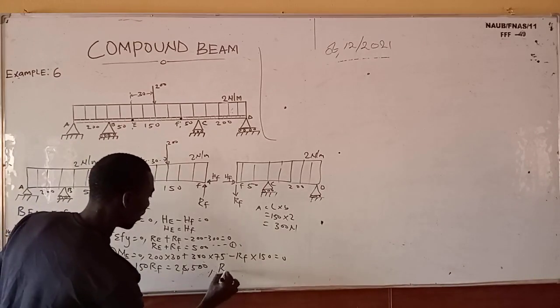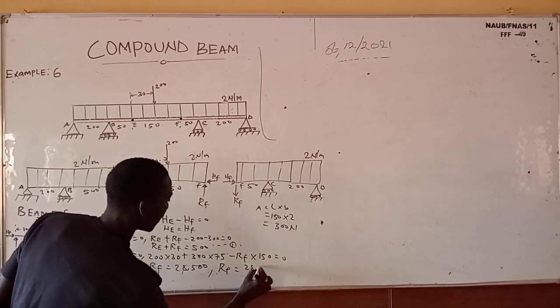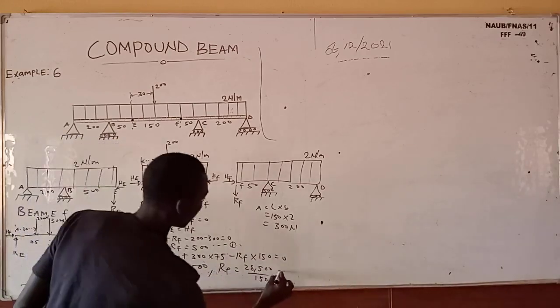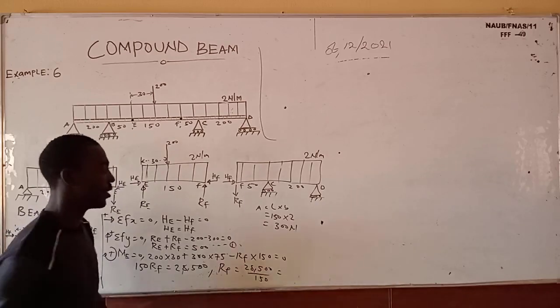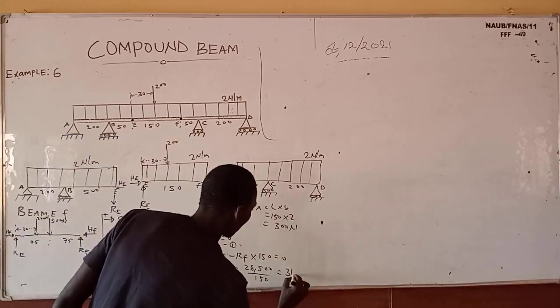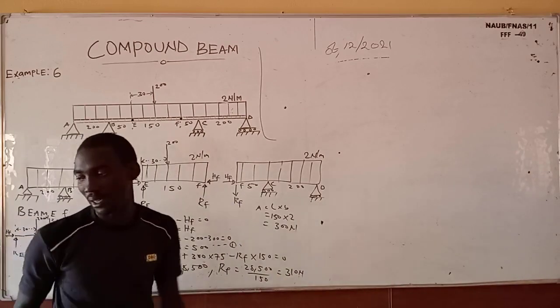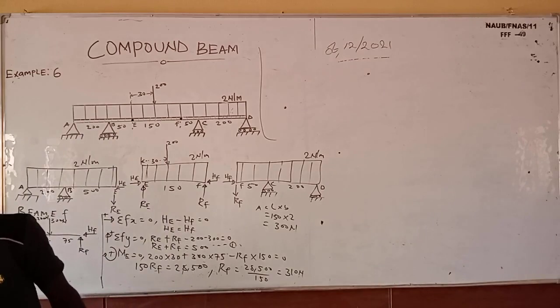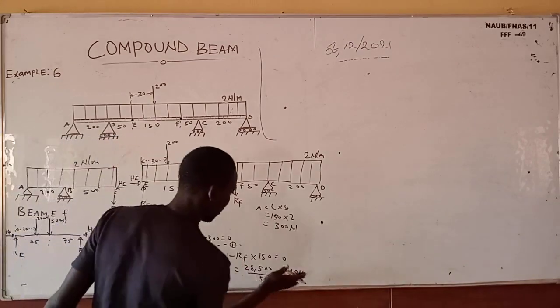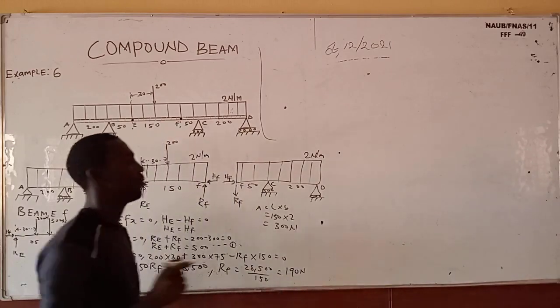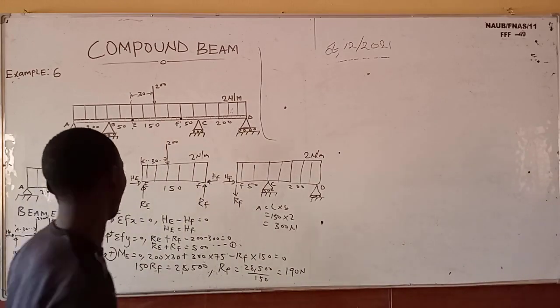So R_F equals 28,500 over 150. If I divide this by 150, that will give us 310 Newton. Let me divide it again. Oh, sorry, that is 190 Newton. Sorry, I thought it was 310. I'm sorry for the mistake.